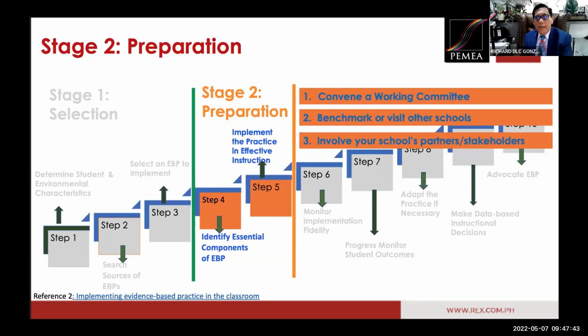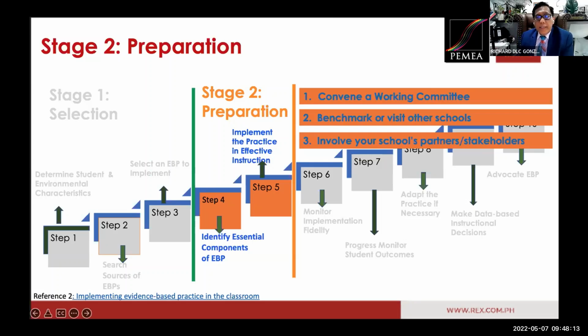Teachers can already share information, what they're doing at the classroom level, at the school level, or even at the district level, hoping that you also develop a communication and advocacy for EBP. Dr. Marlin also emphasized that, as that number 10. But in terms of preparation, you already have to consider this.